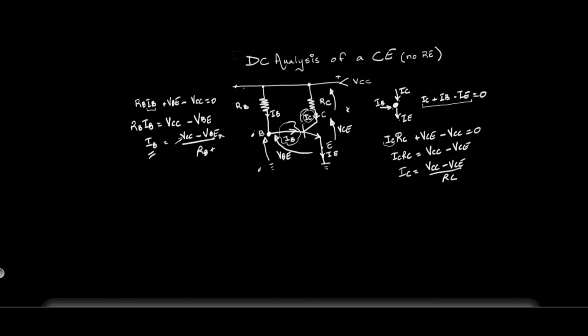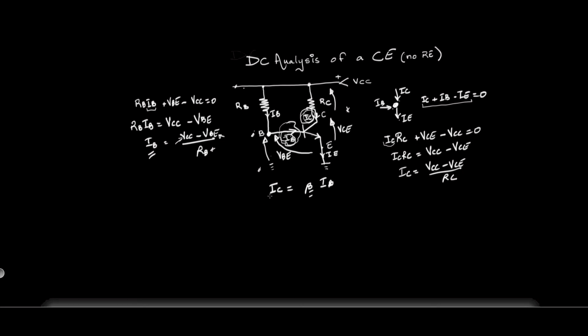Now that we've extracted IC and extracted IB, can we relate these two together? And yes, for all transistors, IC is equal to beta IB. So this is a fundamental equation here where beta is the DC current gain for the transistor.